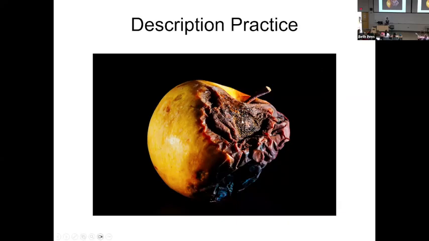Is there an equivalence or an overlap, like a Venn diagram, between descriptors that we use in pathology and descriptors that we use in clinical pathology, like in bacteriology? Sure.